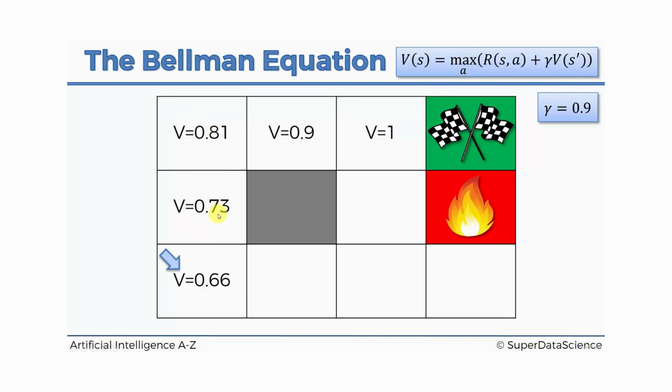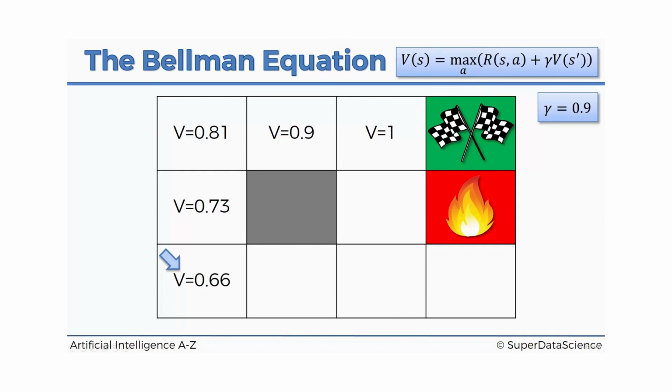Well, now it's not a problem anymore, because you can see that it's actually better to go up because the value is bigger here. And then from here it's better to go right because the value is bigger here than here. And then from here, it already knows that it needs to go right because it'll get a reward here of 1. So that's how this whole approach works.